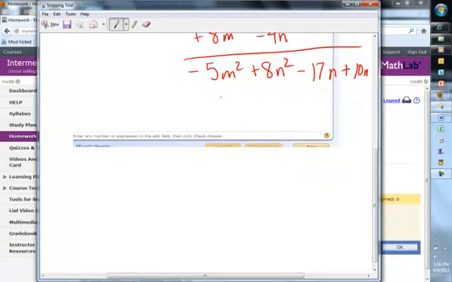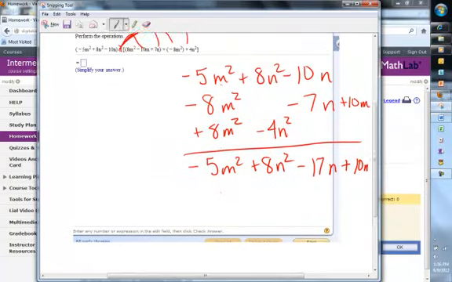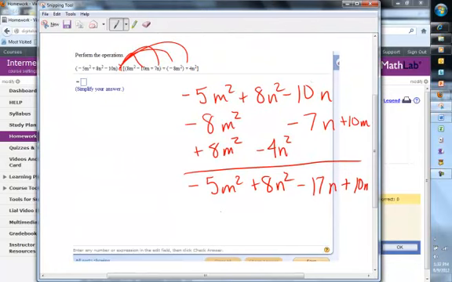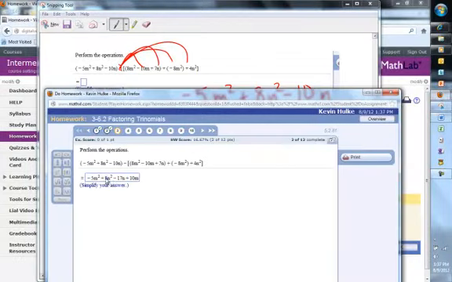Let's look at our work again. Negative 5m squared plus 8m squared minus 10n minus 8m squared plus 10m minus 7n plus 8m squared minus 4n squared. Oh, this is supposed to be a 4 here. This should be a 4.